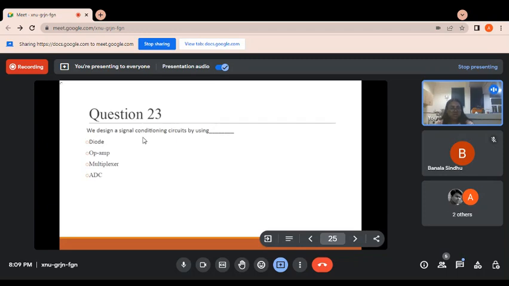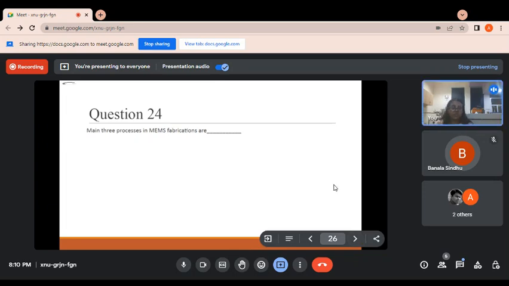So in between the temperature sensor and the ADC we need signal conditioning, and the question is how we design the signal conditioning circuit. By using the op-amp we design a signal conditioning circuit. Have you got the answer? Now it is clear? Yes, ma'am. Okay.